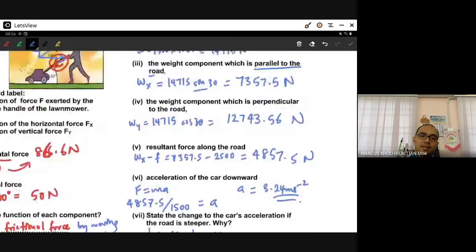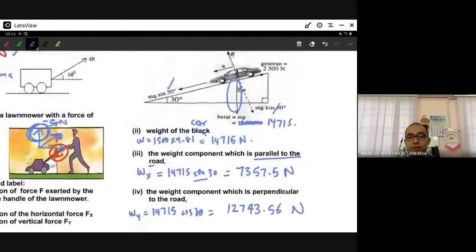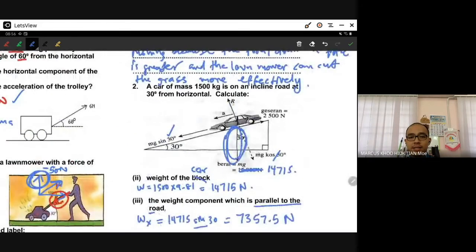This is the downward force. So it's better to use this word: the weight component which is parallel to the road. This is what we actually use in the calculation, 737.5. This is what actually changes.